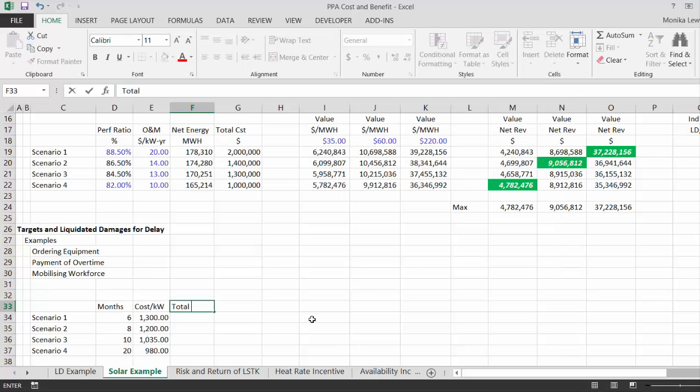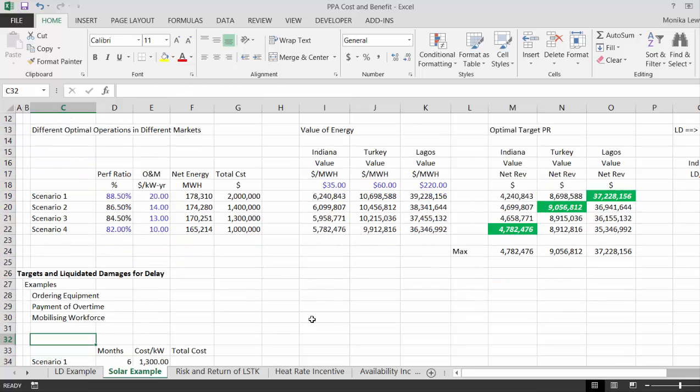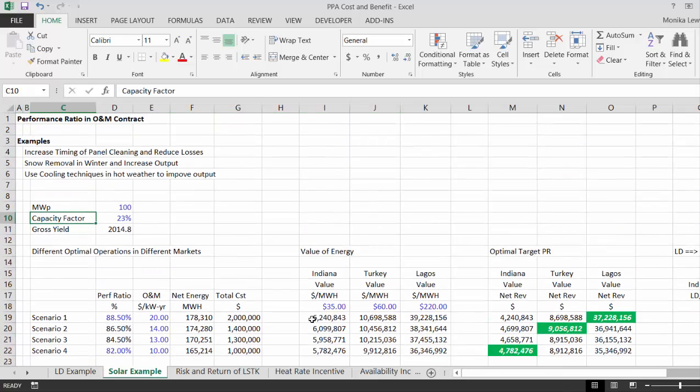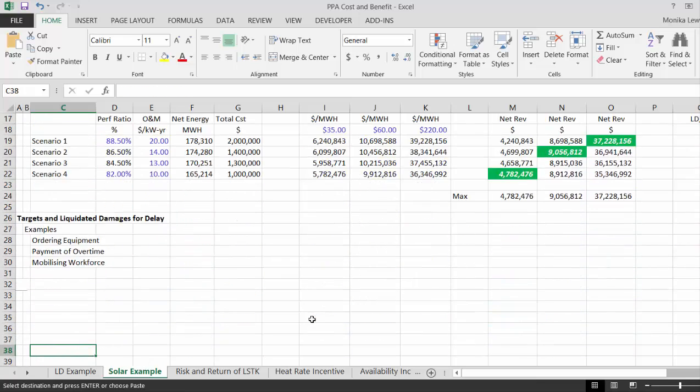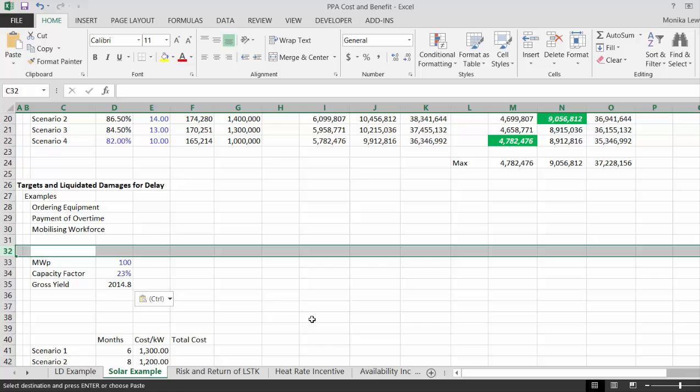our total cost, which is just, we'll use the same parameters. Maybe I'll put those over here, and I suppose this time we'll even need kind of a performance ratio.